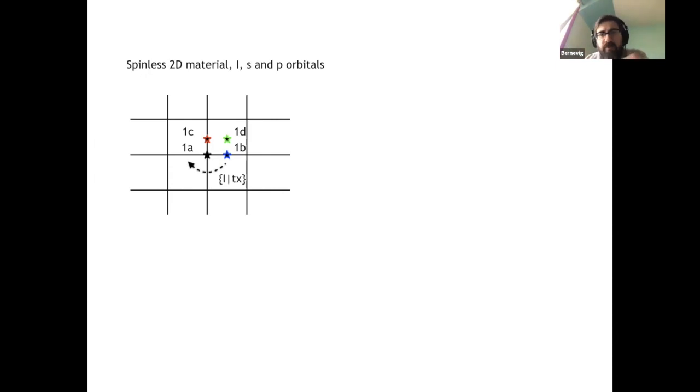Obviously 1A, this black star, is invariant under inversion. 1B is invariant under inversion times an X lattice translation. 1C is invariant under inversion times a Y lattice translation, and 1D is invariant under inversion times an X plus Y lattice translation. So now all these symmetry groups are isomorphic, but they're different because they have a different translational part. So their representations in momentum space are going to be different. And these are the atomic limits.